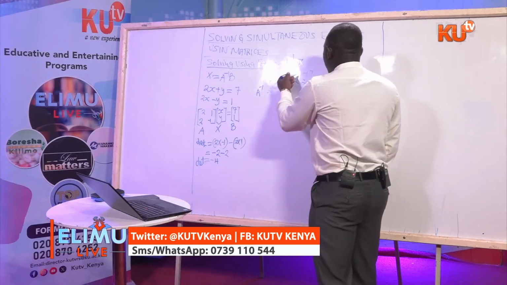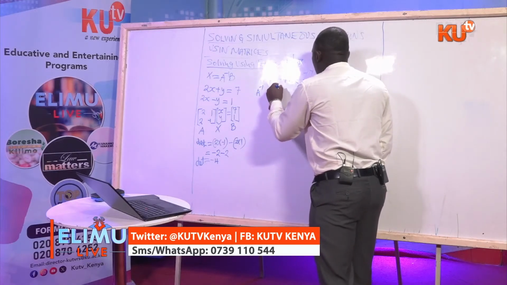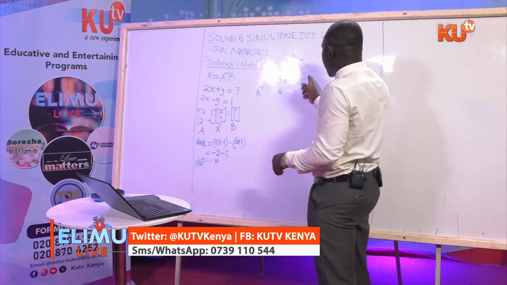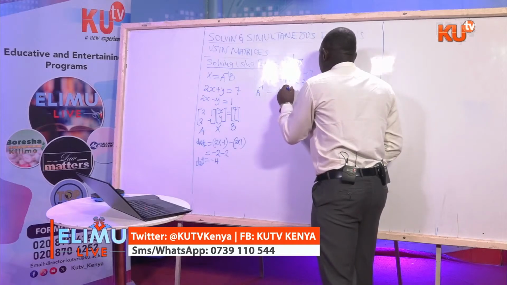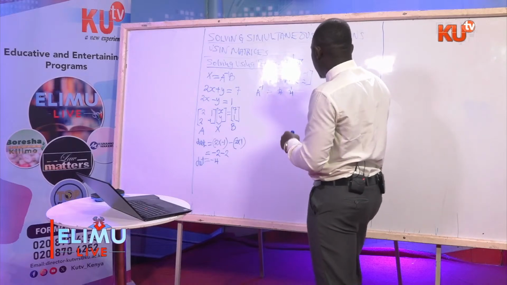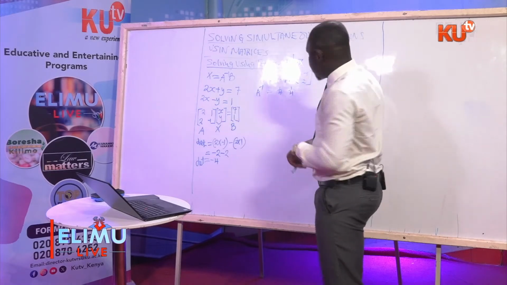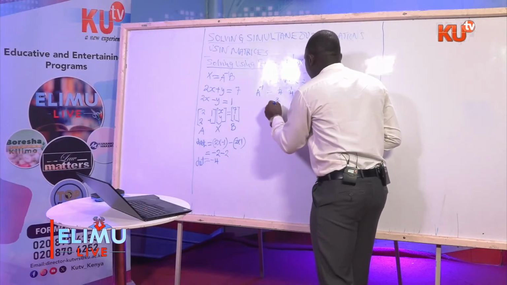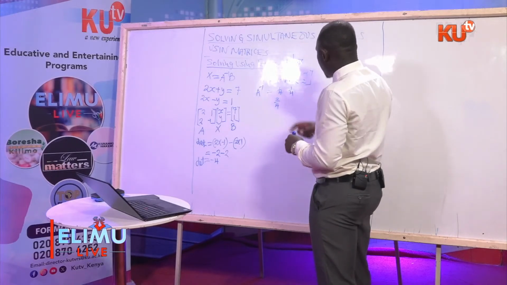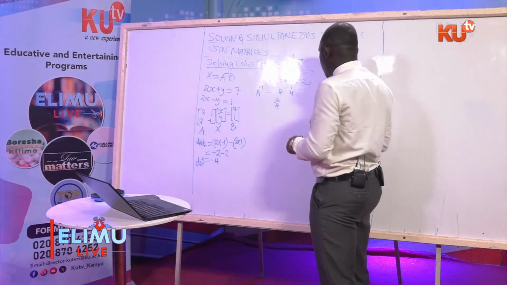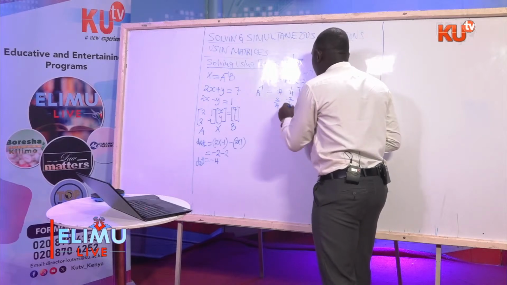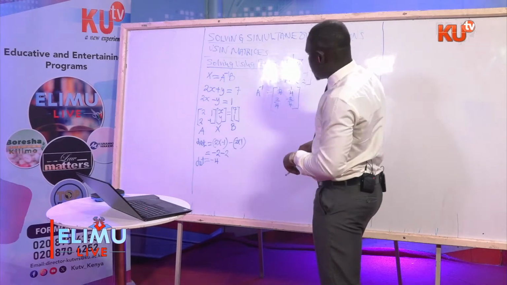So -1/4 times -1, that will become 1/4. -1/4 times this -1 also here will be 1/4, because a negative and a negative becomes positive. -1/4 learners times -2, that will become 2/4. Then -1/4 times these 2 will become -2/4. Now I'm done with that.